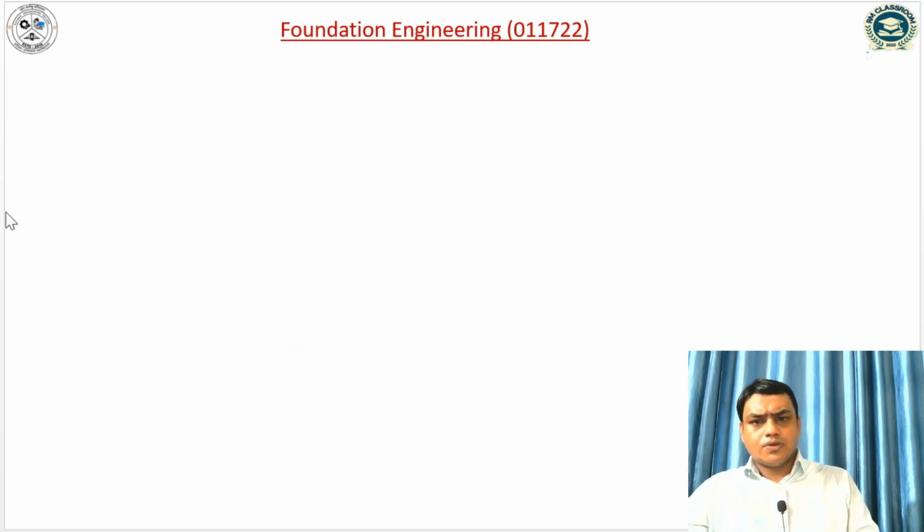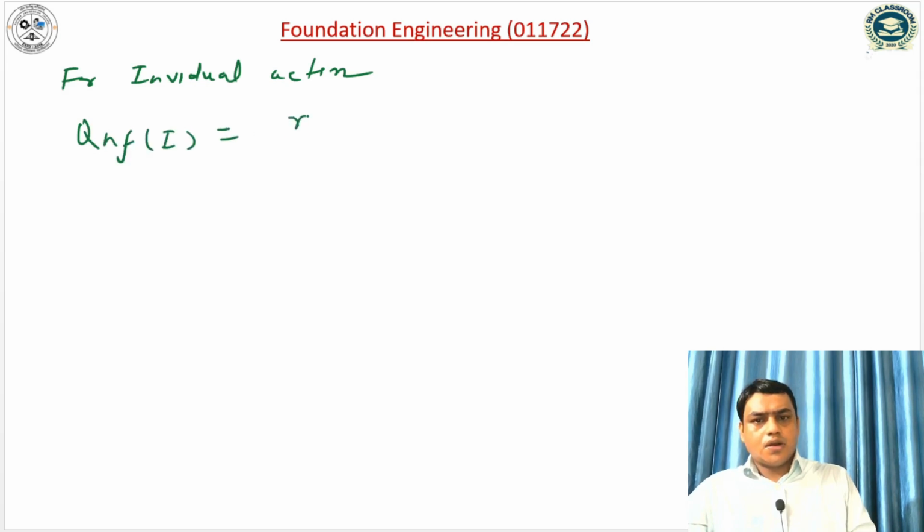So if I compute the negative skin friction for individual action, it is equal to the number of piles into QNF. So the number of piles is 16, into the perimeter P into LC into alpha into CUF.